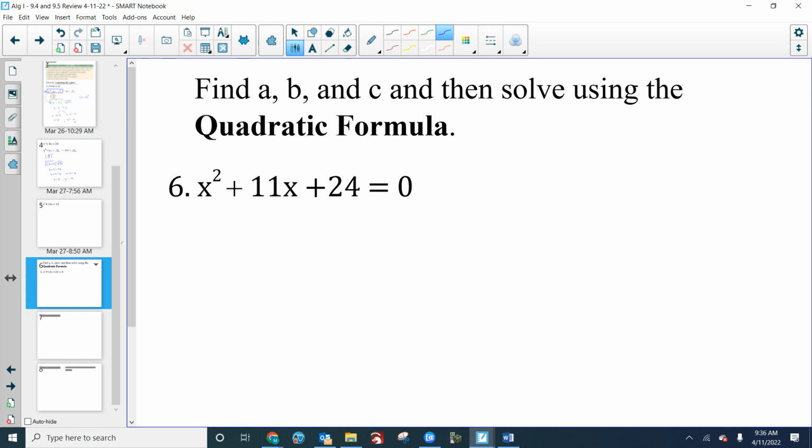Quadratic formula. Mr. Westfall, do you really have to memorize that? Yes. Memorize it. Who is brave enough to recite the quadratic formula?